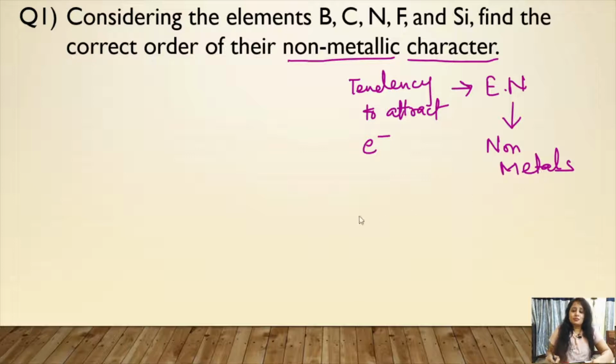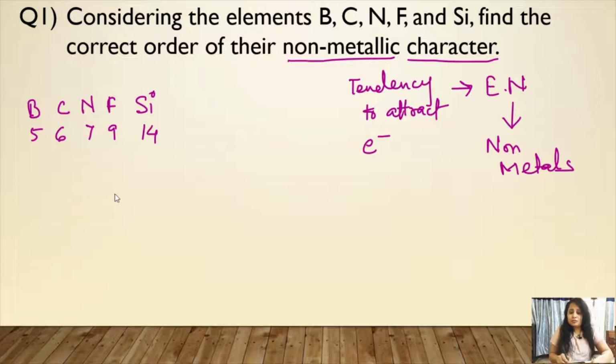So we have here boron, carbon, nitrogen, fluorine and silicon. If we arrange them in the periodic table, boron has 5 electrons, carbon 6, nitrogen 7, fluorine 9 and silicon has 14 electrons.